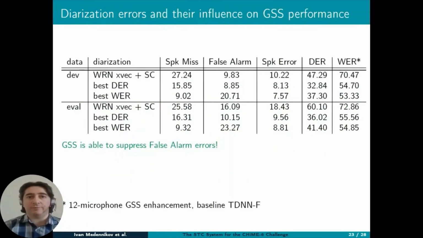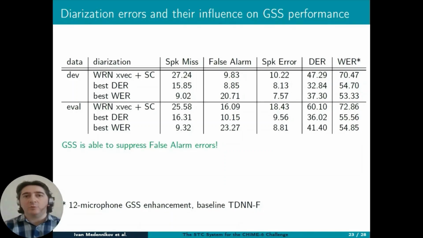This table shows the breakdown of the total DER into three types of errors, namely speaker miss, false alarm, and speaker error, obtained on the best clustering-based system and TSVAD. The last column shows the word error rates obtained with the baseline acoustic model after applying the GSS-based front-end. Our best clustering-based segmentation is not good enough for GSS. On the other hand, TSVAD segmentation allows us to perform GSS effectively.